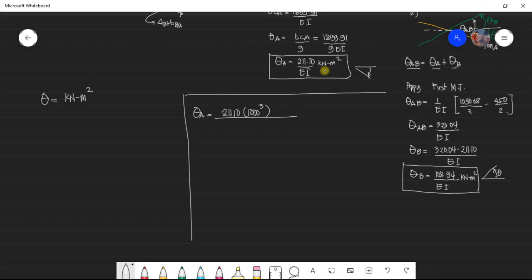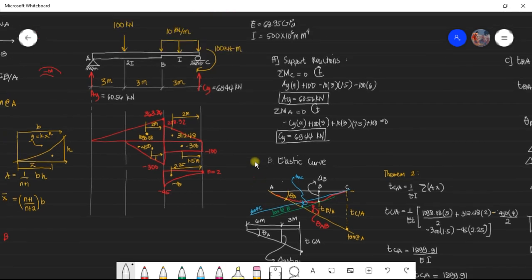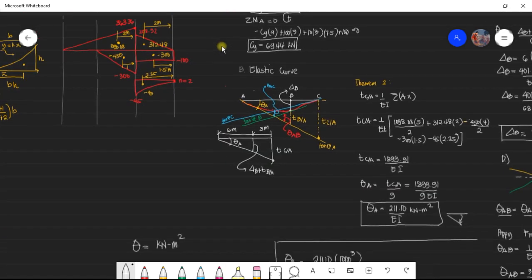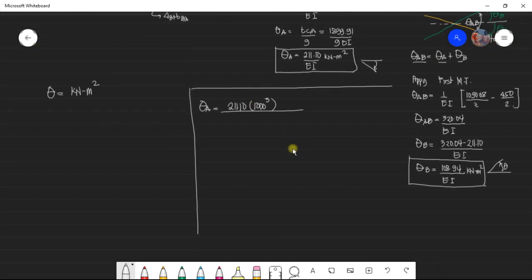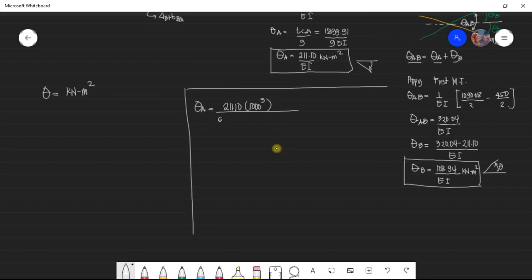E is 68.95 GPa, multiplied by 1,000 to become newtons: 68,950 newton per mm squared. And I is 500 times 10 raised to 6 mm to the 4th.